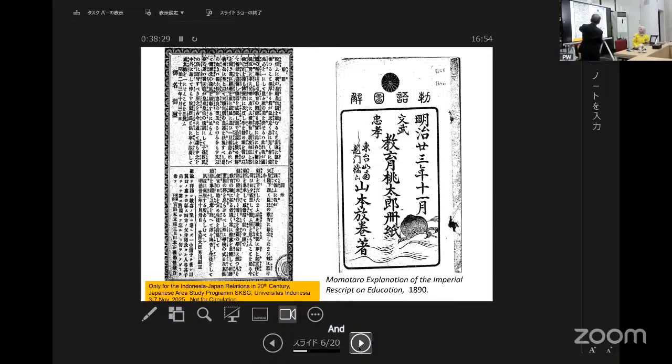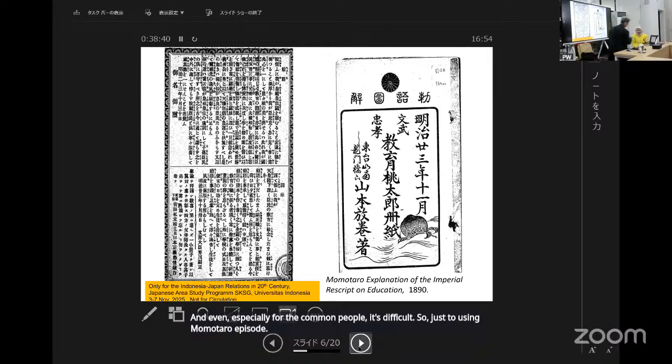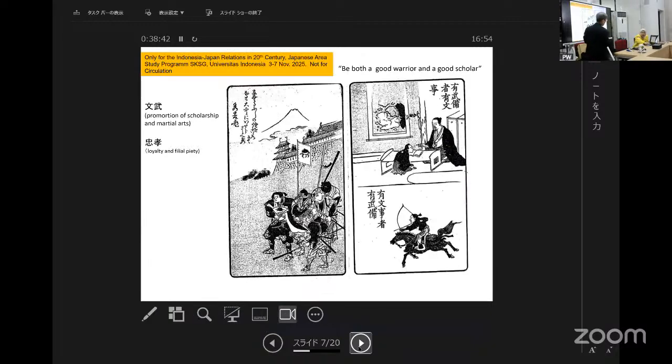Especially for the common people, it's difficult. So using the Momotaro episode like this, based on the Momotaro story, explains the national idea of the expected Japanese nation.